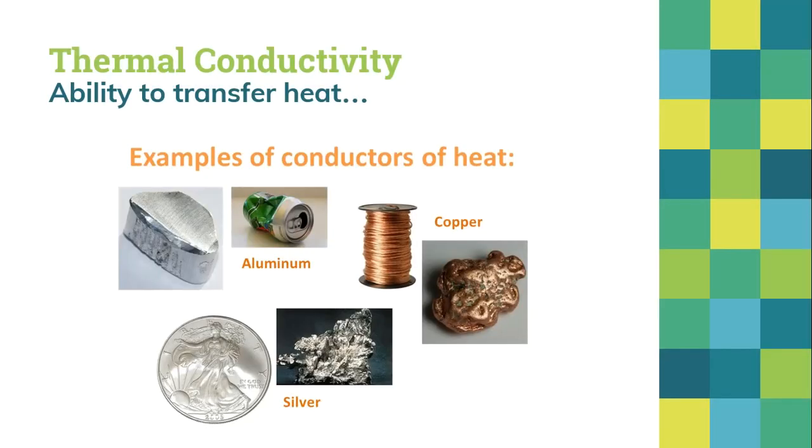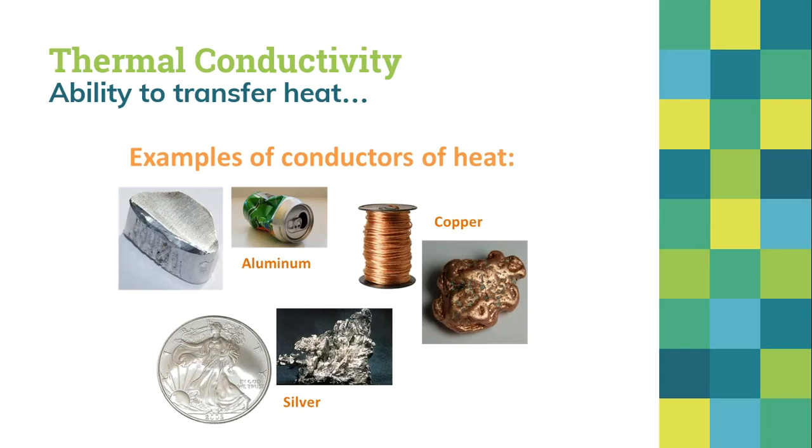So thermal conductivity, our teaching point or main concept for today. What is that? It is the ability of a material to transfer heat. This is what we usually call thermal conductivity. How good are certain objects at conducting heat? Materials that conduct heat are usually good thermal conductors.